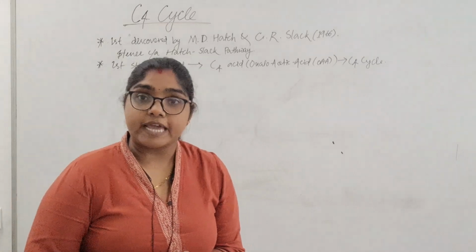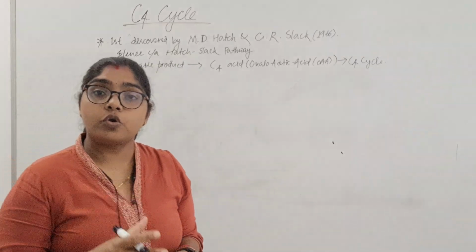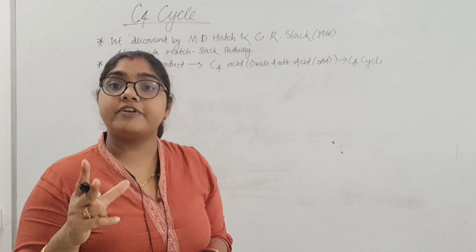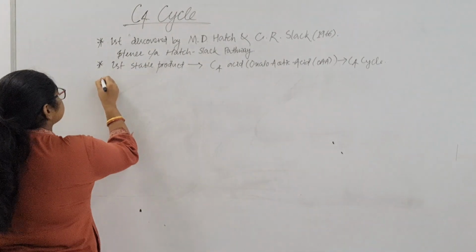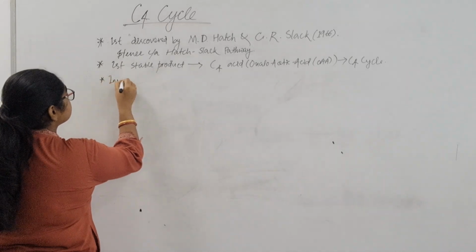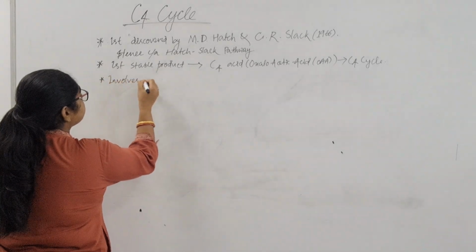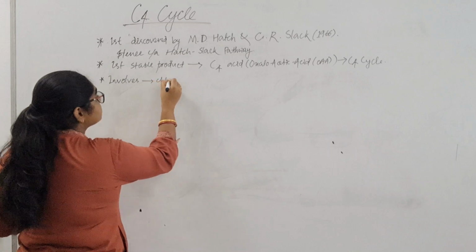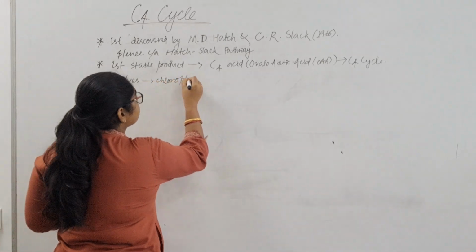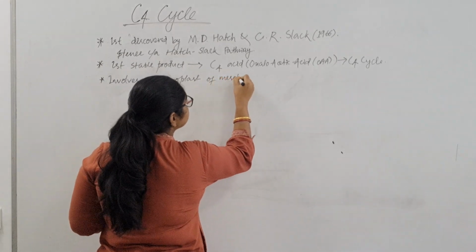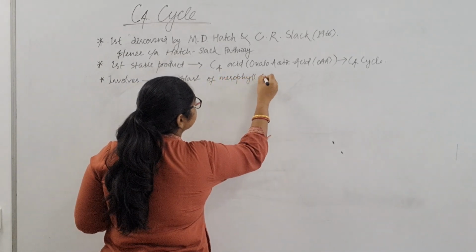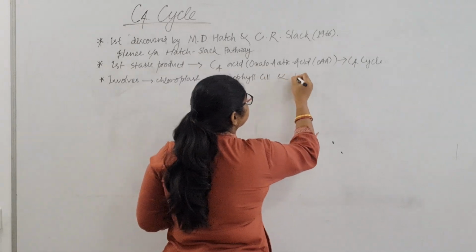Now this C4 cycle takes place in the chloroplasts of 2 different types of cells in the leaf. It involves the chloroplasts of the mesophyll cell and the bundle sheath cell.